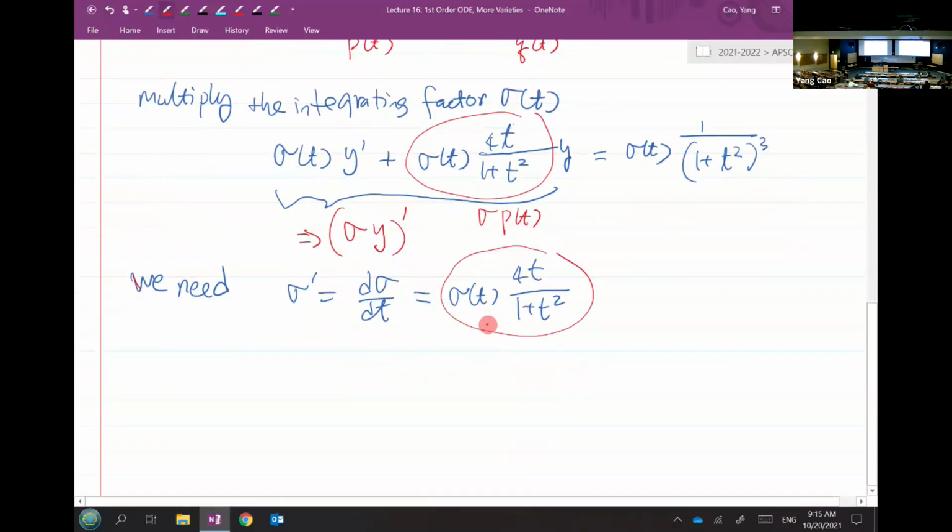And that's clearly a function that you can solve using the separating variable approach. So you can separate the sigma and then move the t to the other side. So from here to here, you separate the variable.